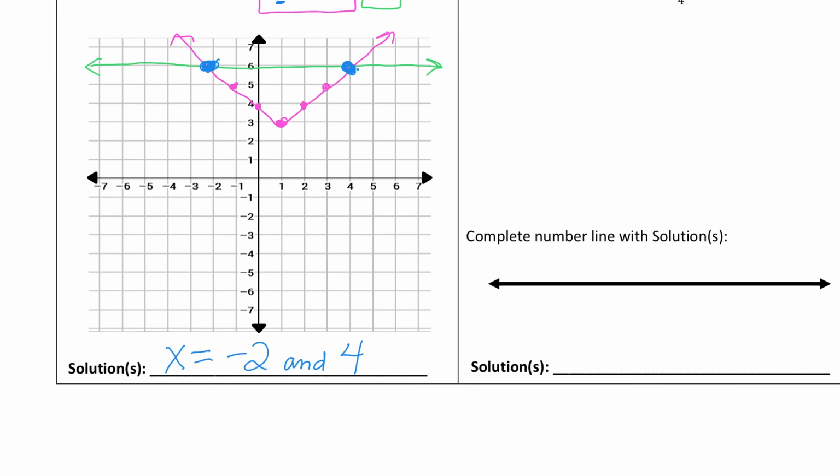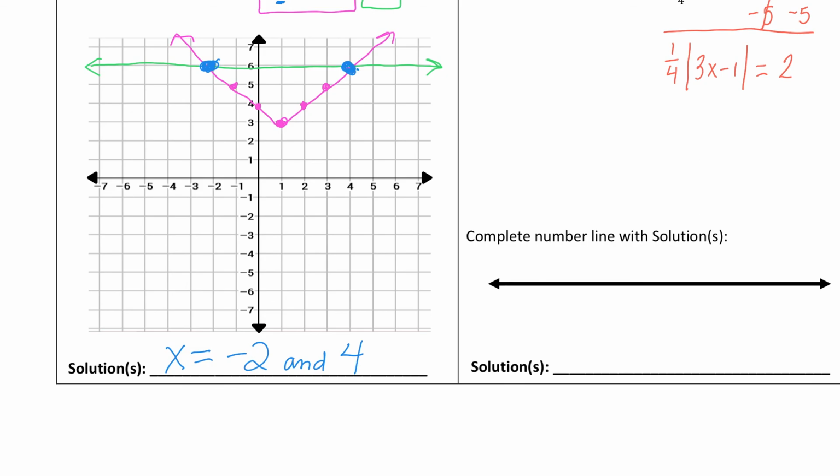Algebraically is what you've had the most practice with. You're going to subtract 5. This cancels, so we bring down the 1/4 absolute value of 3x minus 1 equals 7 minus 5, which is 2.